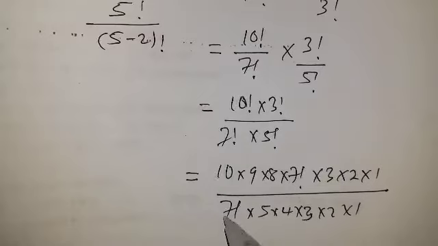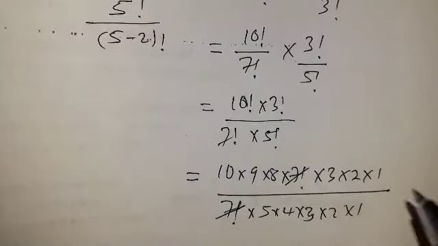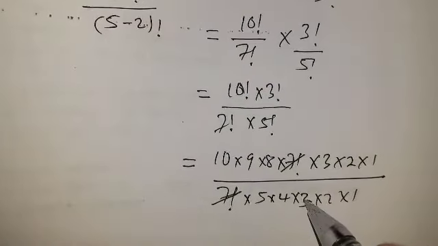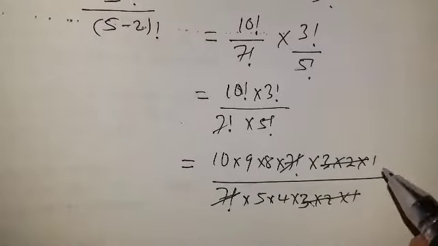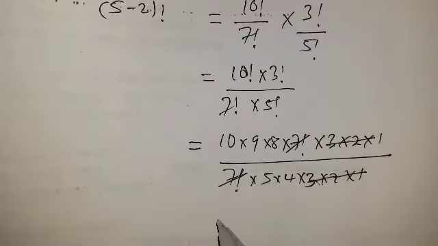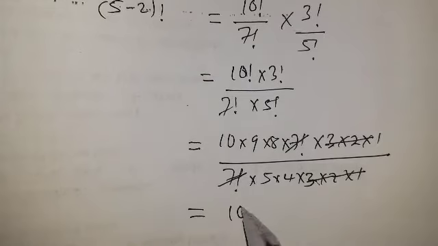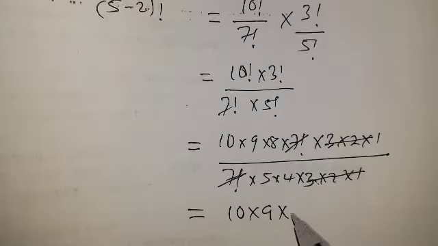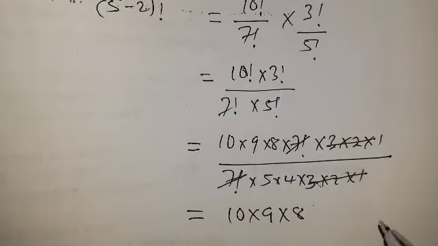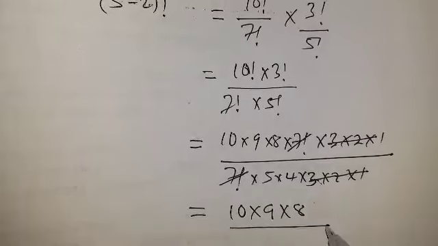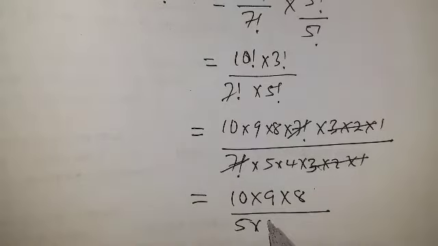From here, 7 factorial cancels 7 factorial. From here to here, they are all going. So now we have 10 times 9 times 8 all divided by 5 times 4.